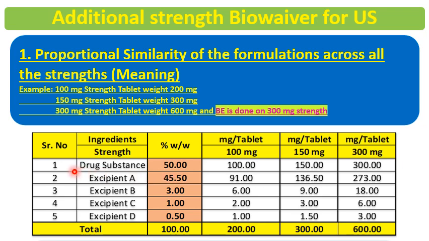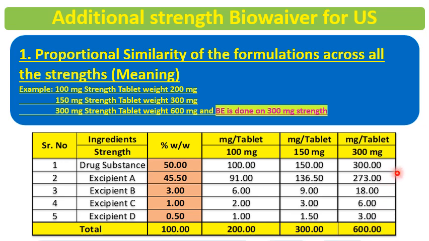Now see, the drug substance is available in the 100 mg, 150 mg and 300 mg strength, and the tablet weights are for 100 mg it is 200 mg, for 150 mg it is 300 mg and for 300 mg it is 600 mg.